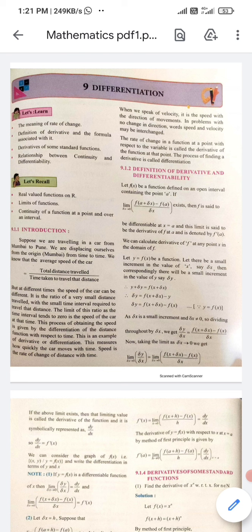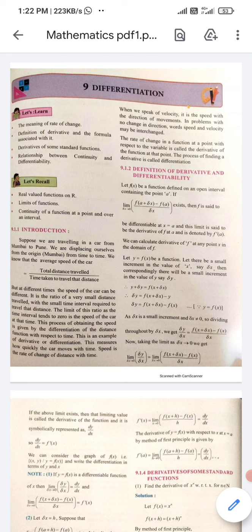Again, divided by x: limit h tends to 0, log(1 + h/x) upon h, which is log(1 + h/x) upon h/x multiplied by 1 by x. So the same function, 1, multiplied by 1 by x, that is 1 by x. So if f(x) is log x, f'(x) is 1 upon x.